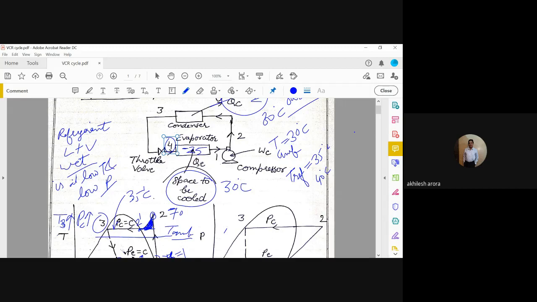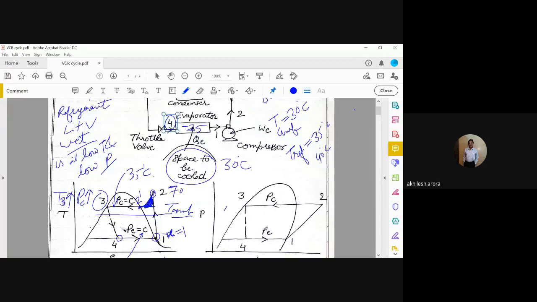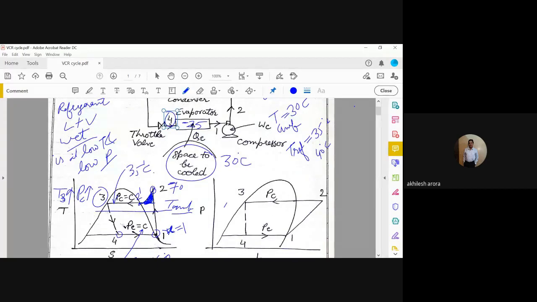And when there is friction between the fluid and the surface, there will also be frictional pressure drop. Because of these two pressure drops, the refrigerant pressure decreases from PC to PE, and there is no change in the enthalpy of the refrigerant during process 3 to 4. This process 3 to 4 is the isenthalpic process.